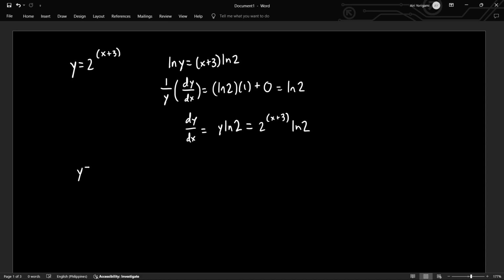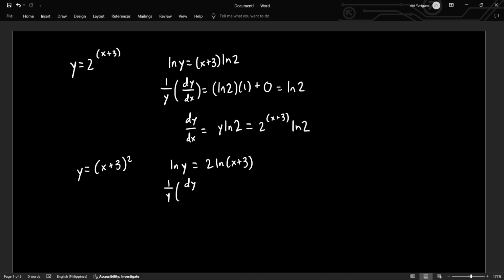Now let's try y equals x plus 3 quantity squared. If we take the natural logarithm on both sides, it becomes ln y equals 2 ln x plus 3.